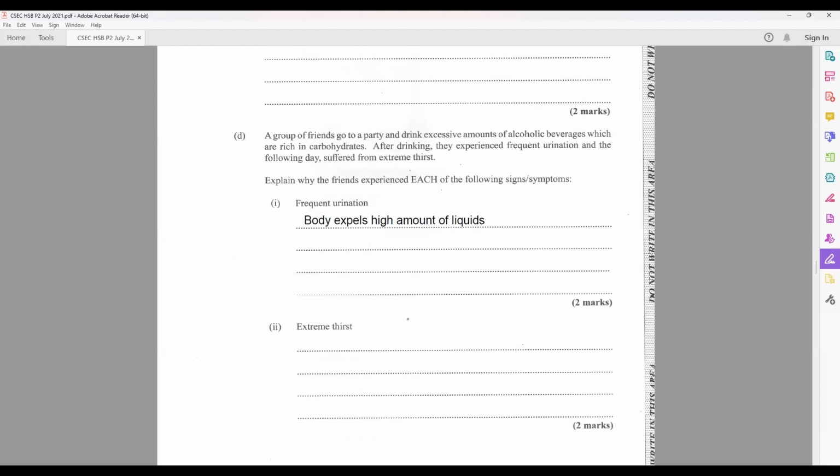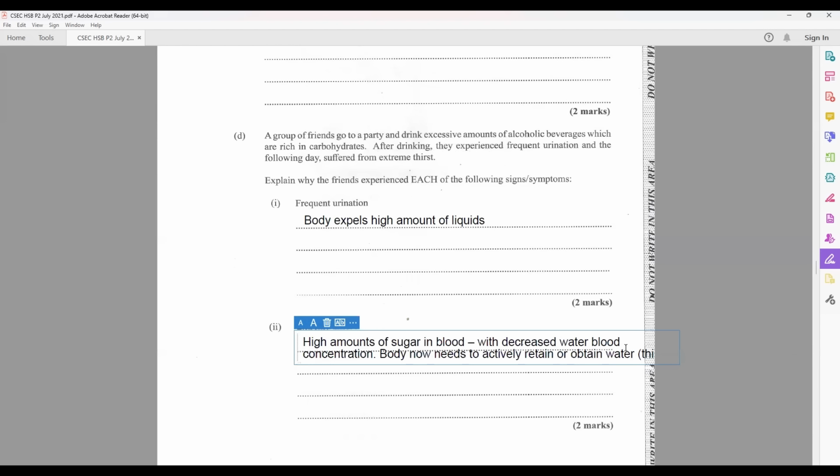The extreme thirst came about the following day. It's stated up here: the following day suffered from extreme thirst. So this did not happen at the same time. Thirst happens because plenty of liquids are gone, so now you have to find some way to get the liquid part of your blood back.